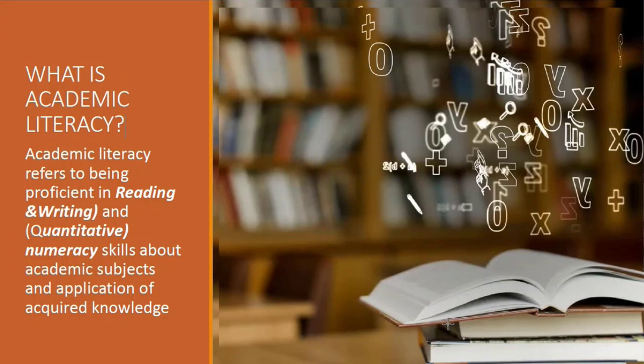So academic literacy is going to equip you on that, to have proficiency. Proficiency means this is when you sharpen your skills. You are able to do things in an excellent way because now you have a better understanding of how to approach this.